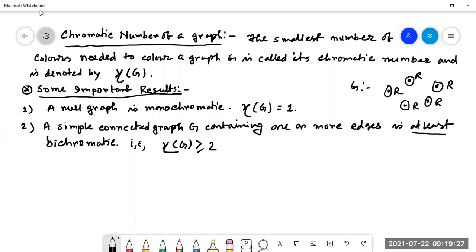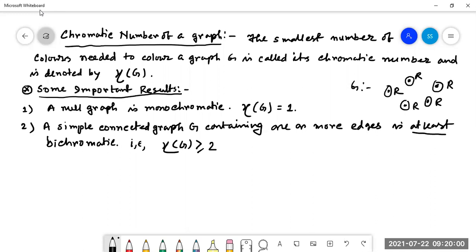So they have said a simple connected graph. The graph is simple, so no parallel edges or loops will interfere with the graph coloring. It is simple and connected, meaning from each vertex we can go to every other, so there is no isolated vertex. Connected graph means the graph does not contain any isolated vertex.